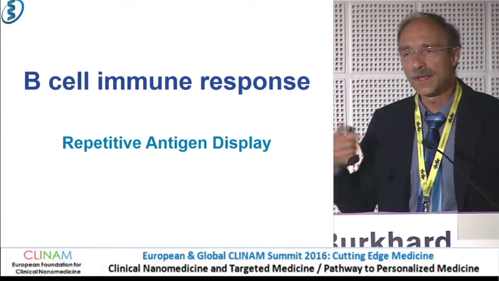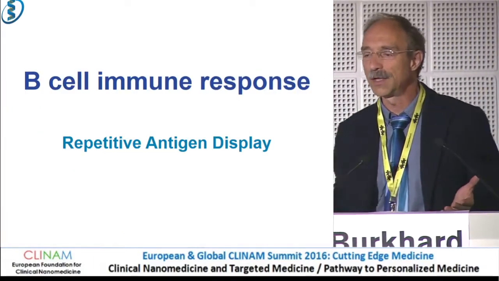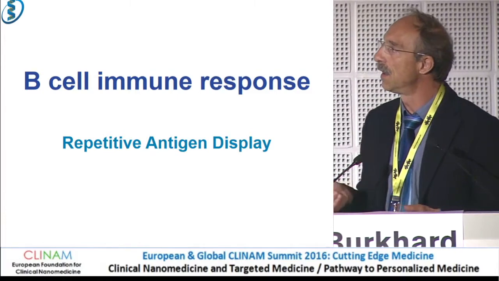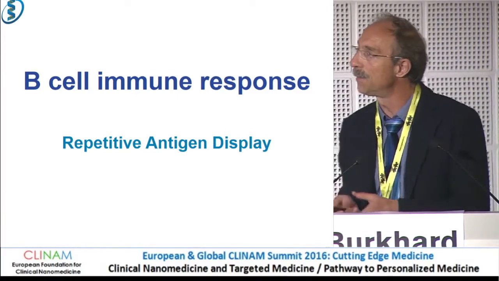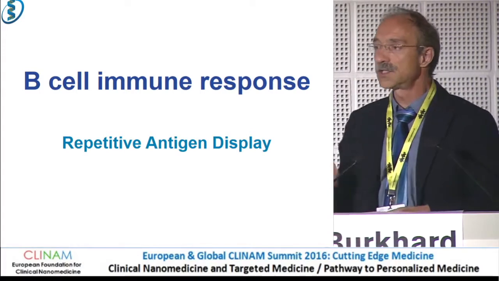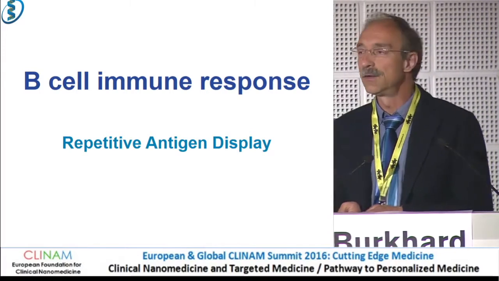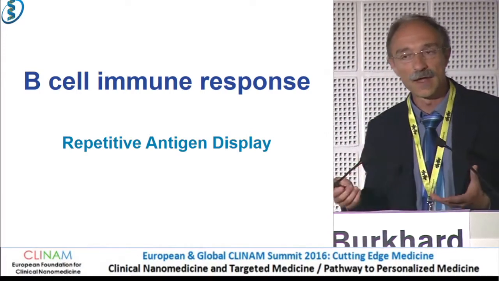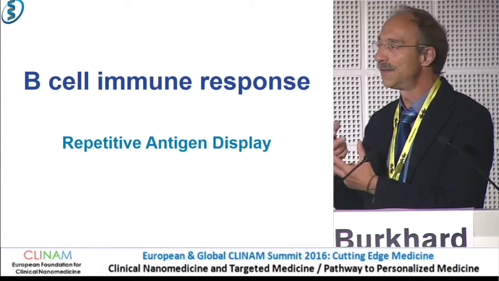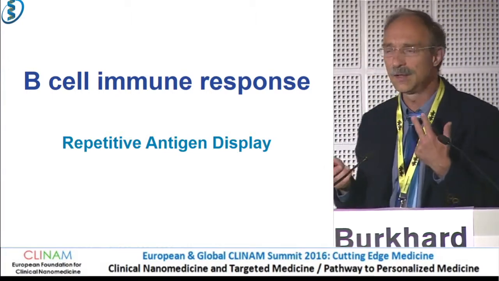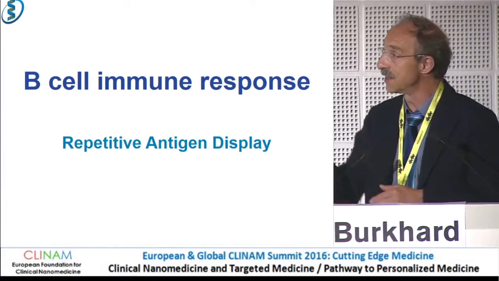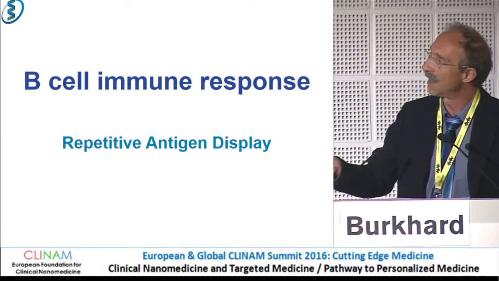So we were thinking about different applications for biomedical applications. Largely, we are looking now into vaccine design. And to design a vaccine, we need to address the immune response. So there are three major types of immune response, and all of them we can address with our nanoparticles.